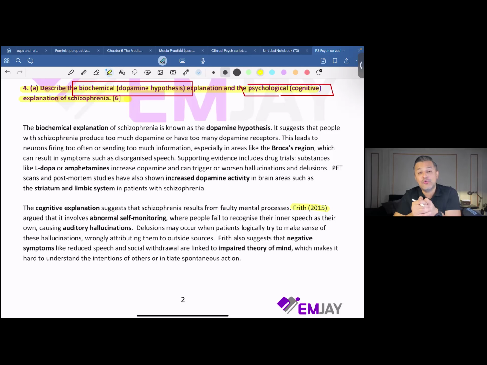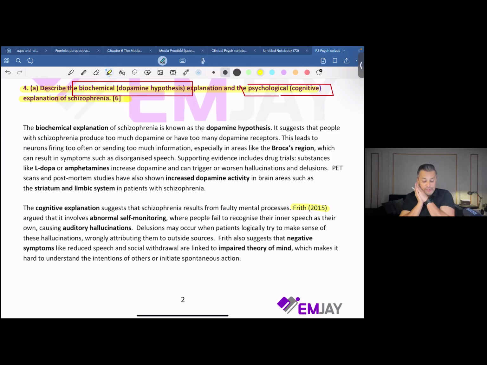If you don't have that knowledge, how are you going to apply it? Or for that matter, how are you going to evaluate it? That's the first thing you have to do.